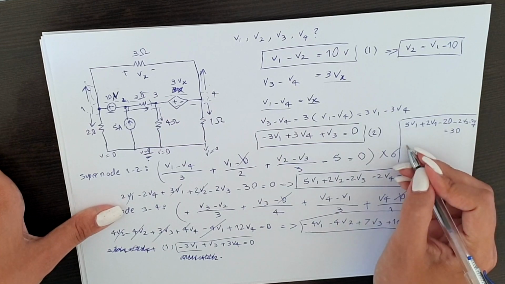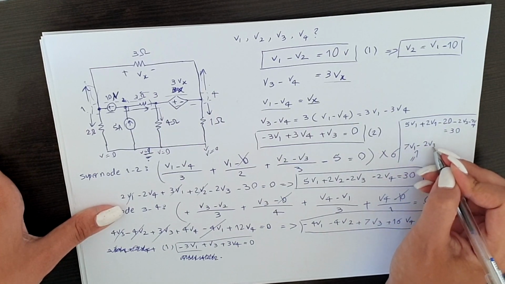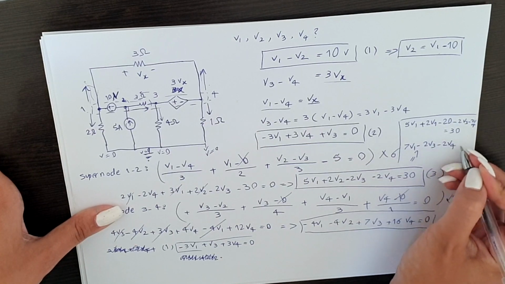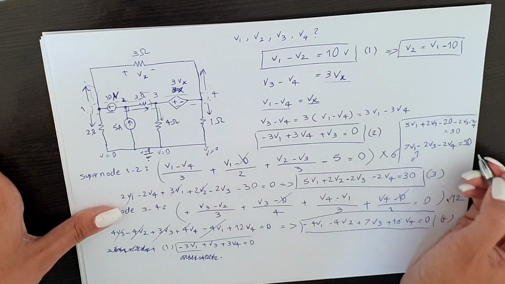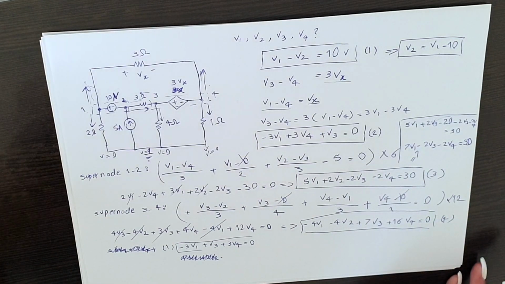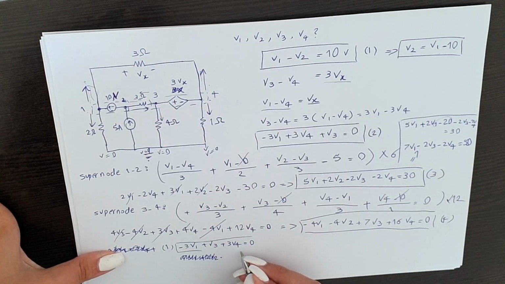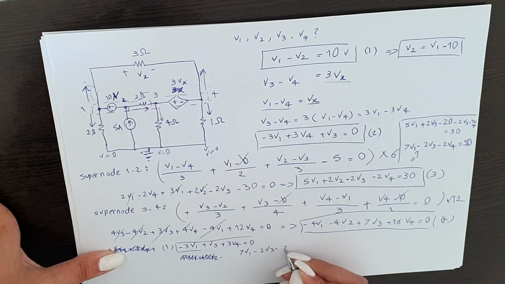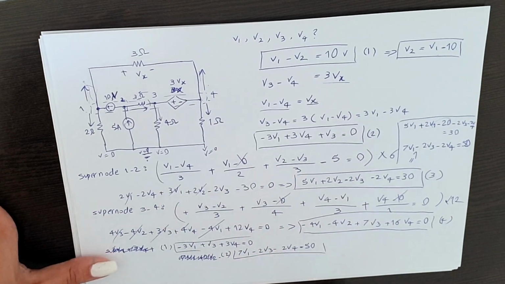Let me just write it down here first and then rewrite it there. So this gives us 7v1 minus 2v3 minus 2v4, and taking minus 20 to the other side, is equal to 50. So I'm going to write that here: 7v1 minus 2v3 minus 2v4 is equal to 50. This is going to be my second equation.